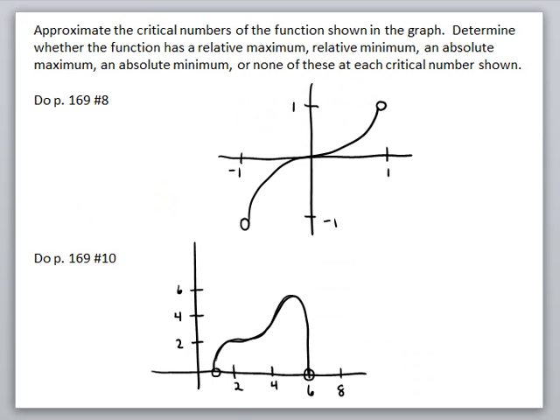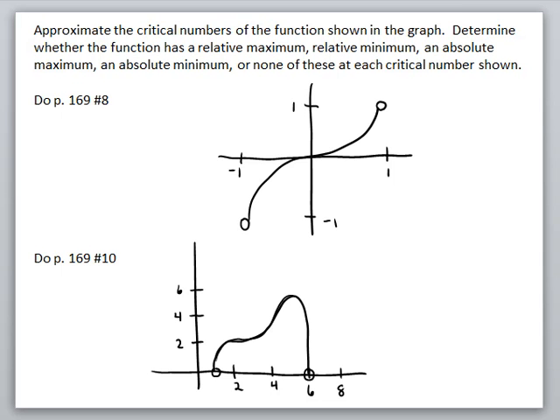On this problem, we are asked to approximate the critical numbers of the function shown in the graph. We're going to determine whether the function has a relative max, a relative min, an absolute max, an absolute min, or none of these. Number 8 is kind of a strange example. It is actually talking about an open interval, so we are not going to be checking the endpoints.